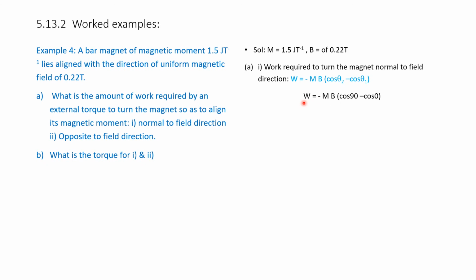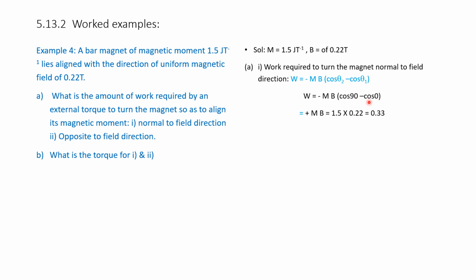That is, W = -mB. We are turning it normal, meaning perpendicular, 90 degrees. So θ2 is 90 degrees and θ1 is 0 degrees. That is, from 0 degrees to 90 degrees we are turning it.